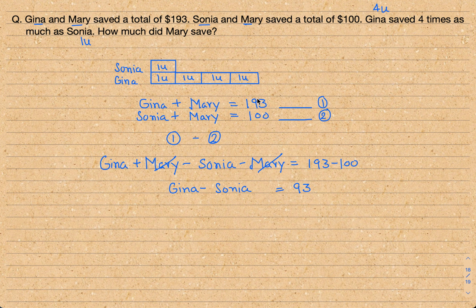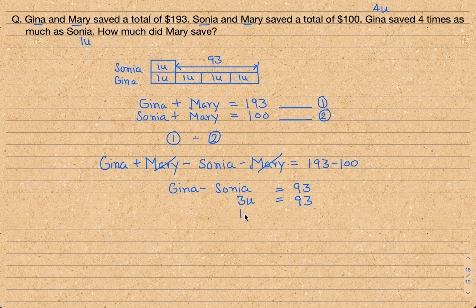Now from the model, we can see that the difference in the amount of money that Gina and Sonia are having is 3 units. So this is 3 units, and this one is 93. So we can say 3 units is equal to 93.